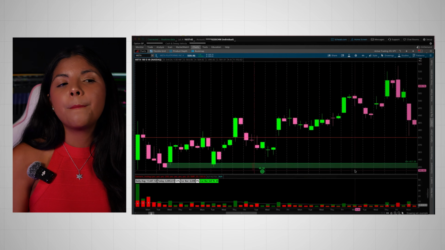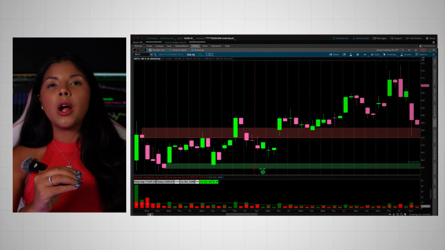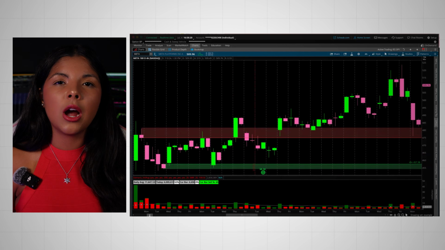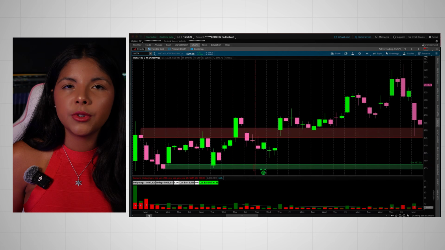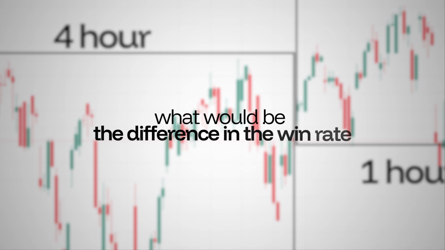Maybe I would compare zone reliability of only entering from 4-hour zones and only targeting 4-hour zones and only doing it with a 1-to-3 risk reward ratio, and comparing that individual factor of 4-hour zones versus only marking 1-hour zones, and comparing that. What would be the results of only using 4-hour zones versus only using 1-hour zones versus using all of the zones, the 4-hour to the 1-hour zones? What would be the difference in the win rate? What would be the difference in the hold time? These would be all the things that we're testing in our back test.